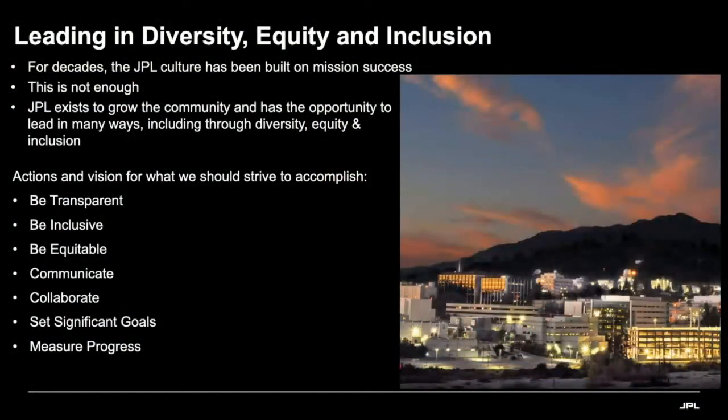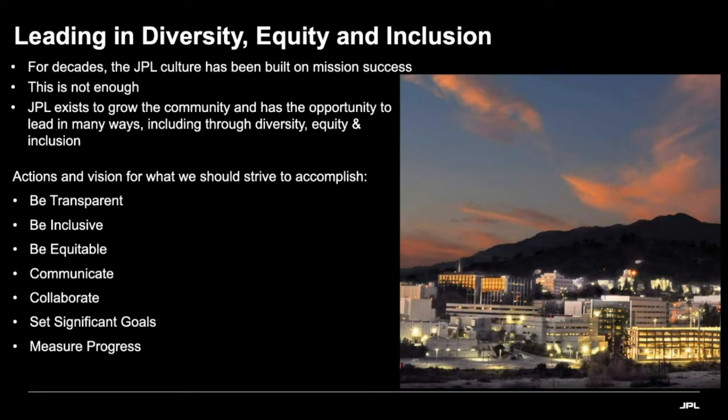And so at JPL, we've set a goal that we want to inspire the world. We don't want to inspire just the people who we happen to look like now. We want to inspire the world to join us because we know through our own experience that diverse teams are the best teams. And so not only can we achieve these fantastic missions, but you know what? We can be a leader in STEM.